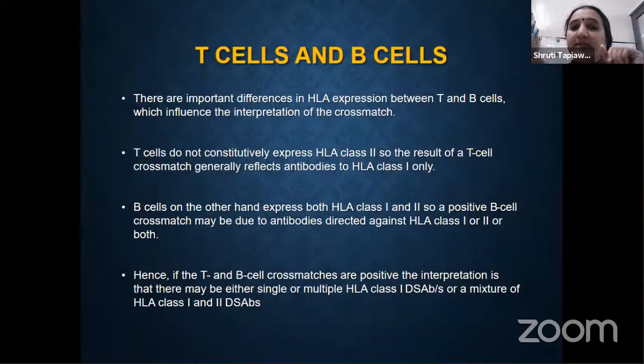So the result of a T cell crossmatch generally reflects antibodies to class 1 only. B cells, on the other hand, will have class 1 and class 2. So a positive B cell may be due to antibodies against 1 or 2 or both. Hence, if T cell and B cell crossmatch are positive, the interpretation may be that single or multiple class 1 and 2 donor specific antibodies are positive in that patient.